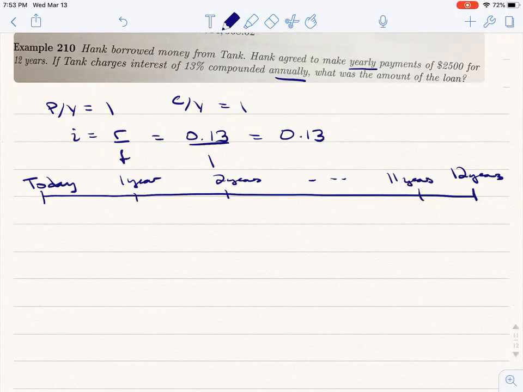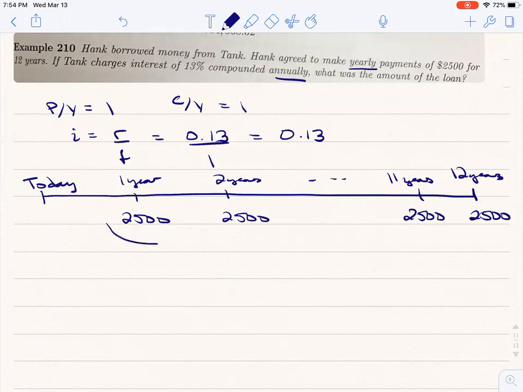Each year he's going to make a payment of $2,500. Whenever we want to find the amount of the loan, we're calculating a present value, because these payments are paying off some value today.